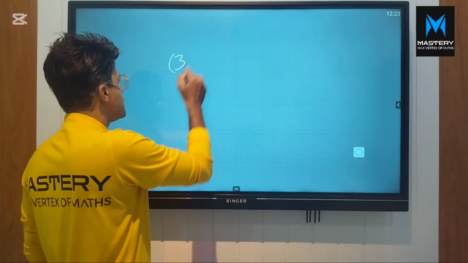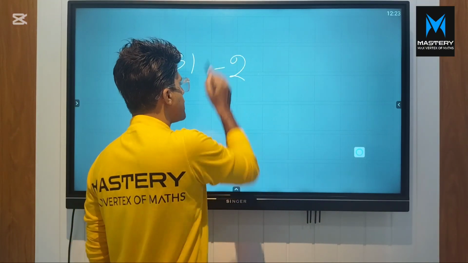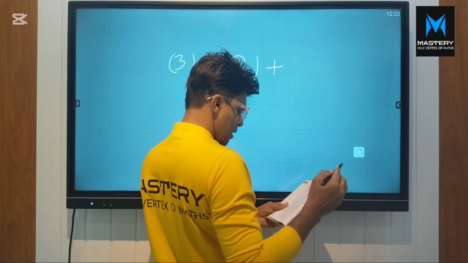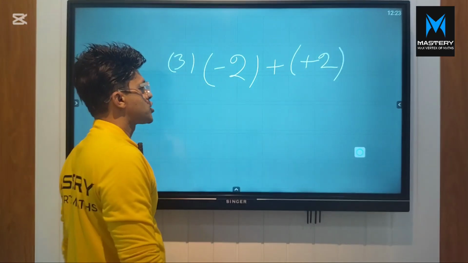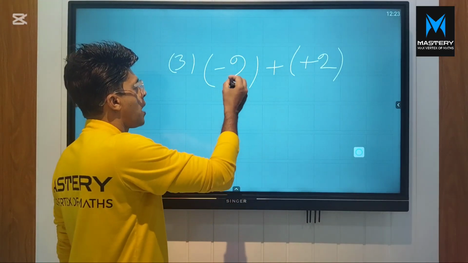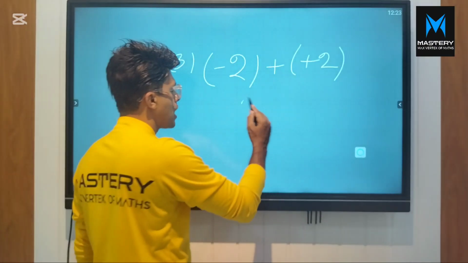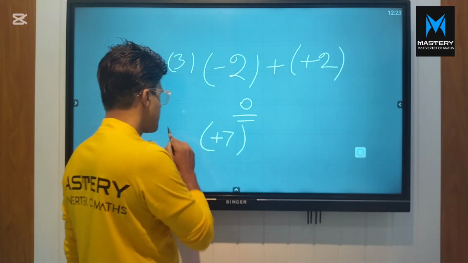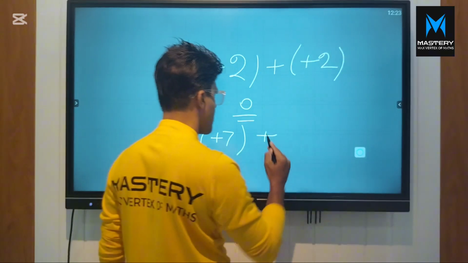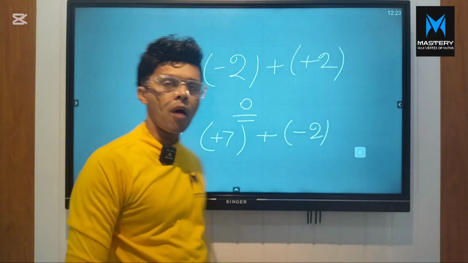The third question is, find the value of minus 2 plus 2. What's the answer to this one? Here, minus 2 plus 2, you could see opposite values in this question. So the answer here is 0. Just to think of this type of one, plus 7 plus minus 2.